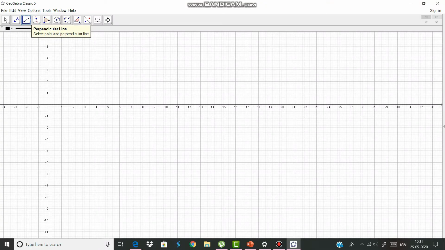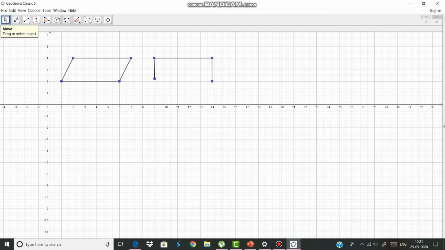The first one is the parallelogram. So parallelogram looks like this. Rectangle looks like this.